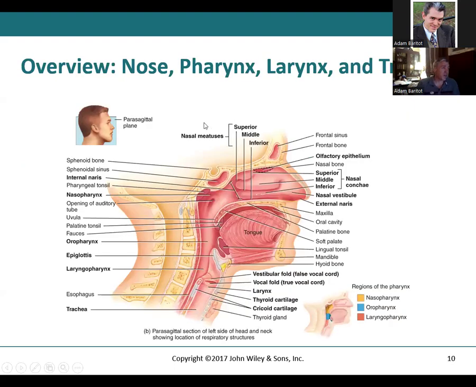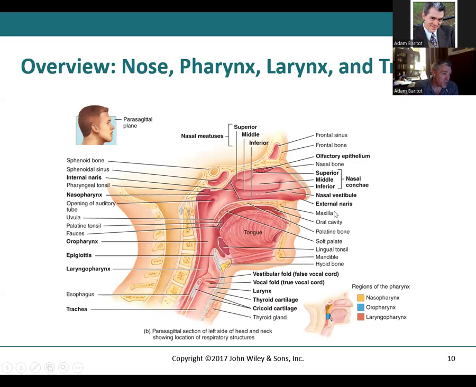Let's take a look at an overview of our upper respiratory system. We can see these areas here. We're just taking a look at stuff we already know about: palatine bone, oral cavity. There's our maxilla. But ultimately, we are looking at the nose. External areas of the nose, your nostrils, are sometimes called the nares.